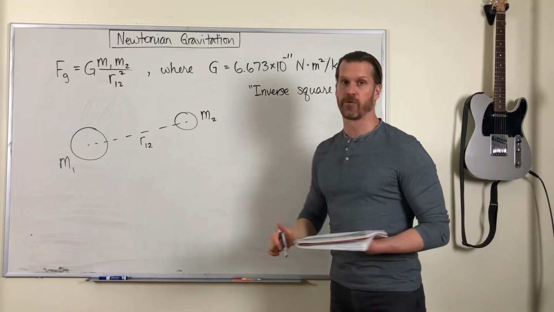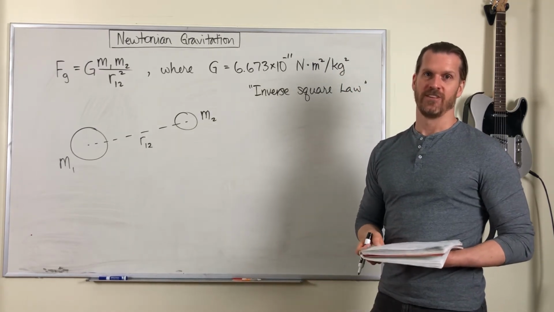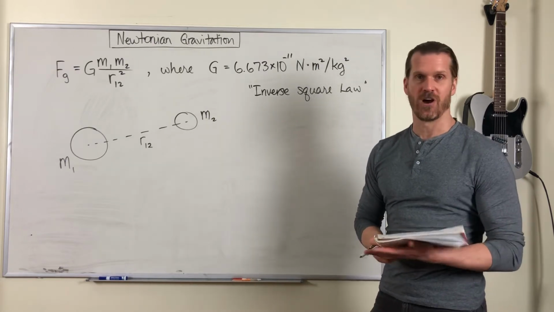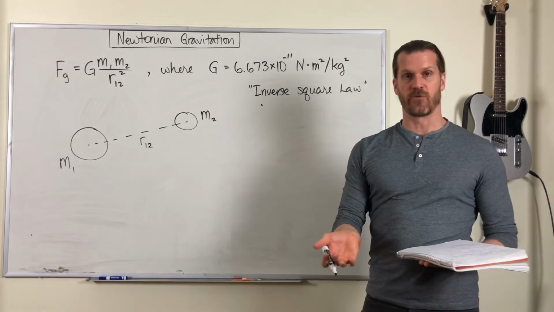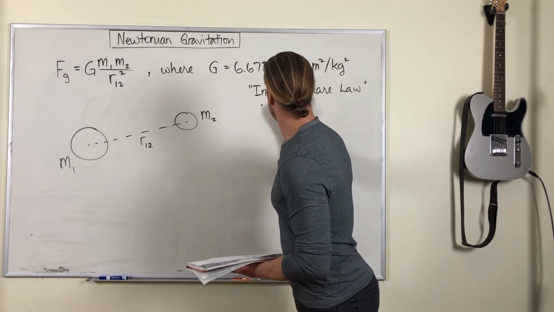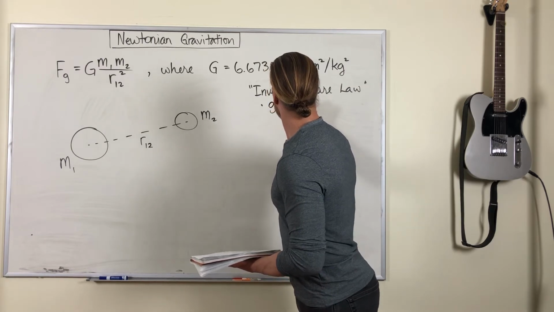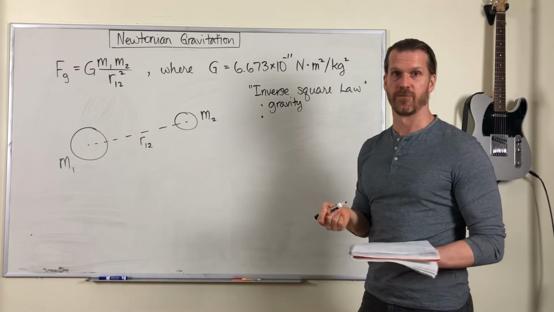Whenever there's a force that depends on the inverse square of the distance between two objects, those forces share some common properties. The most common forces that we'll encounter that obey the inverse square law are the gravity force and the electric force that you'll learn about in Physics 7.